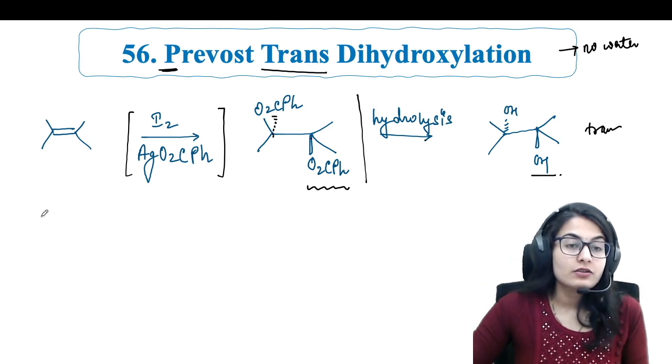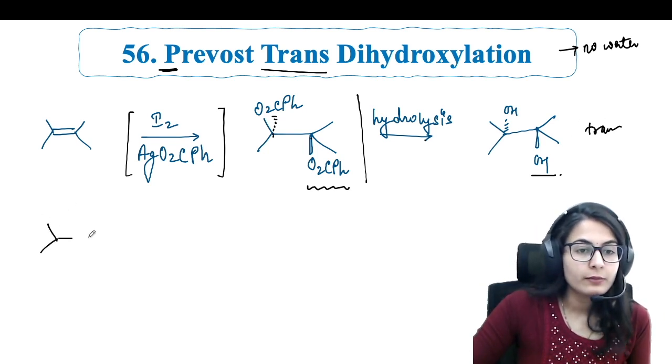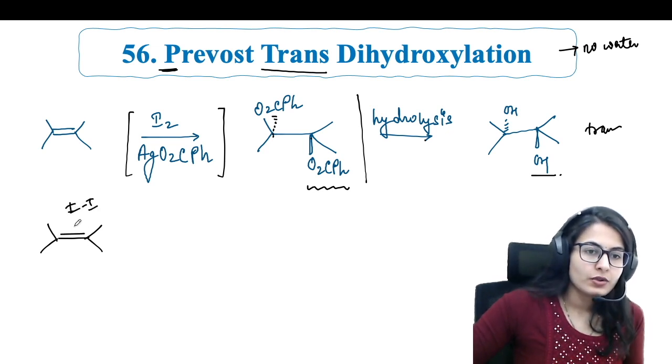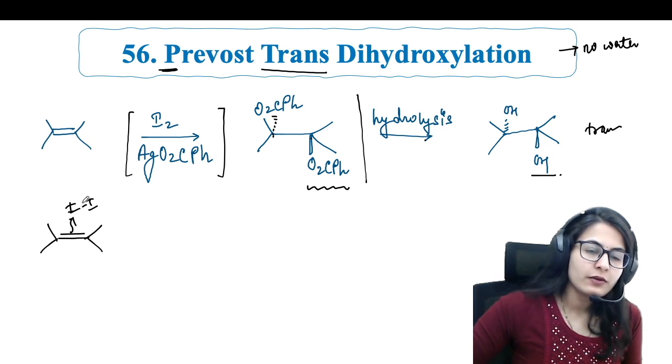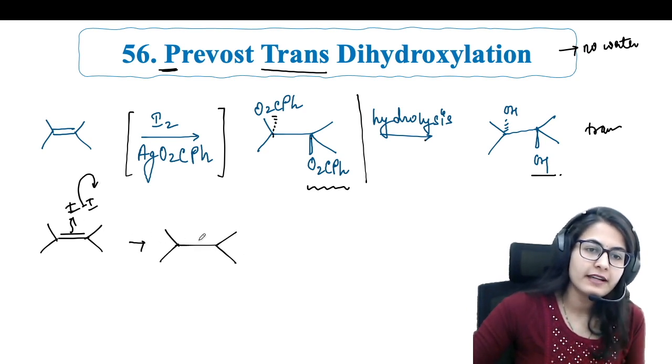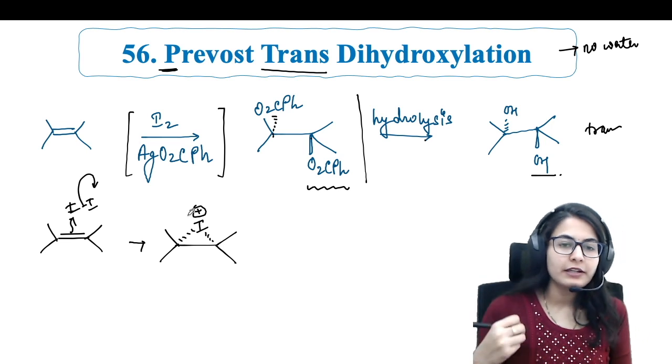So let's talk about the mechanism. I hope that you will be able to draw this by yourself because not much difference in the mechanism, right? So you see the double bond is once again going to attack the iodine, give you the iodonium ion. Very similar process. Here also you will have the iodonium ion. Very good.